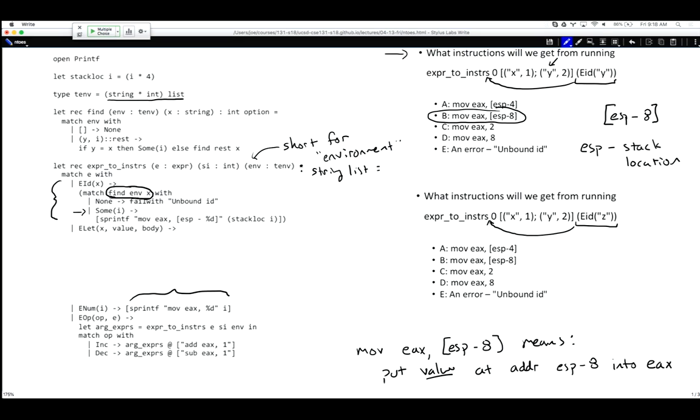Okay, so let's answer this second question. I think everyone's going to be able to get to this one, but let's just answer it quickly, to make sure we're all on the same page about what this code looks like and what the meaning of different parts are.